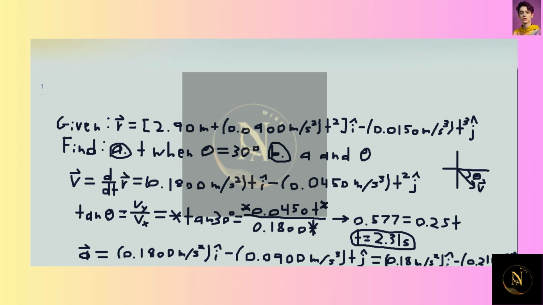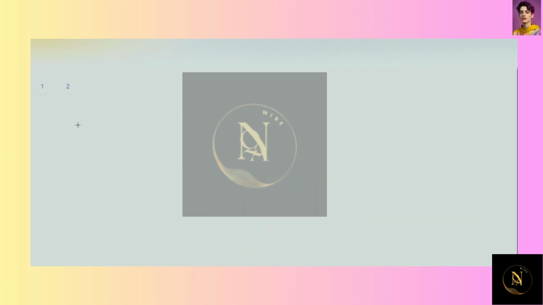Now I want the magnitude and direction of that. So I'll start a page now. The magnitude of acceleration is the square root of the x component squared plus the y component squared.